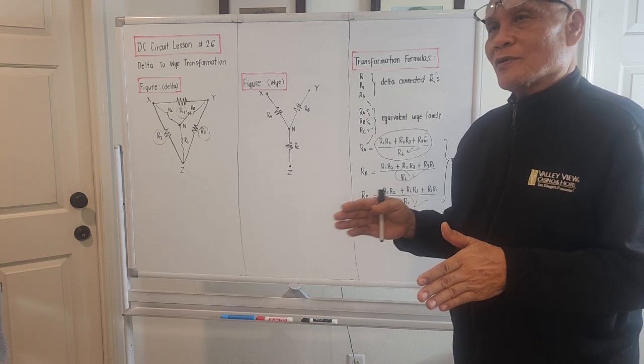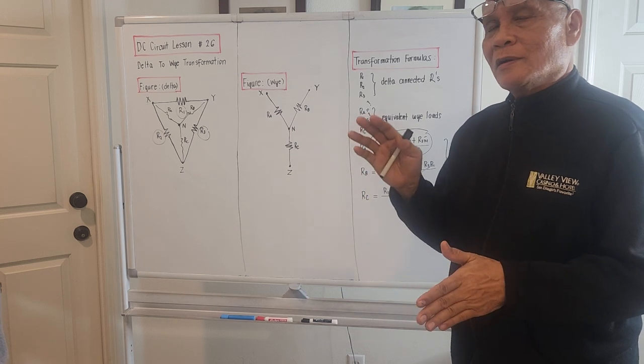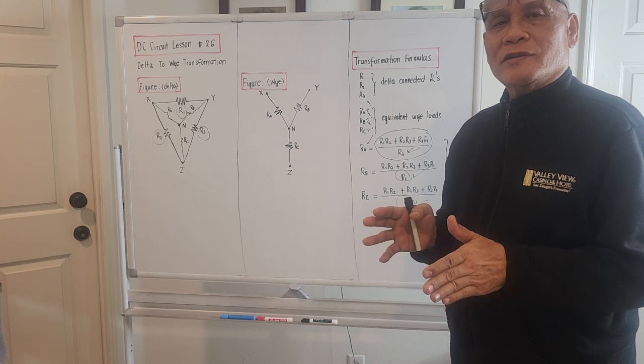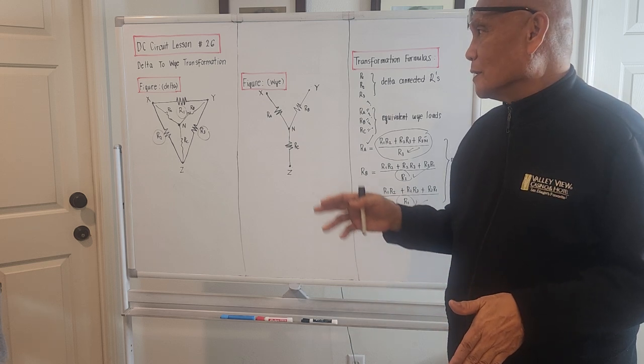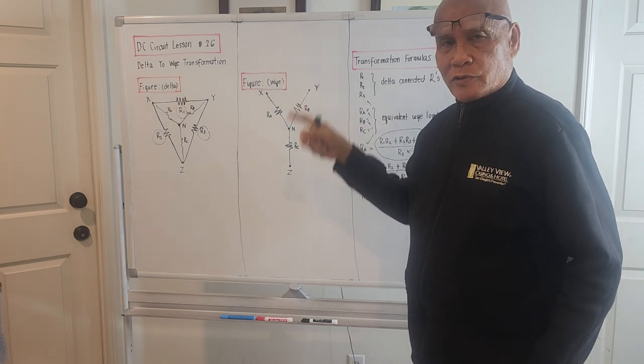Sometimes the proper solution is to convert some of those delta or Y for the given circuit to be less complicated. So that's the importance of the so-called transformation, like for tonight, the delta to Y transformation.